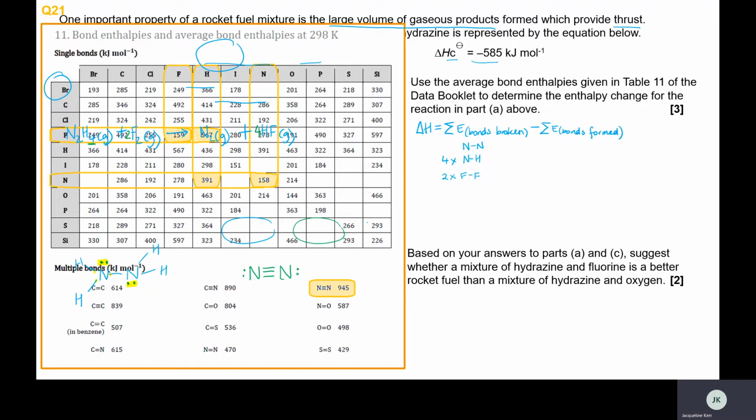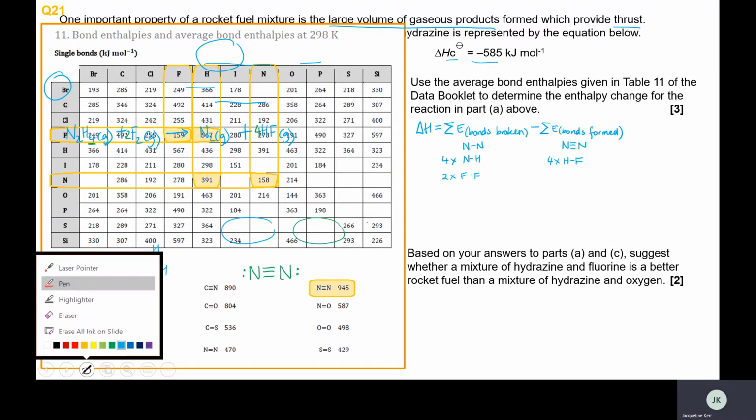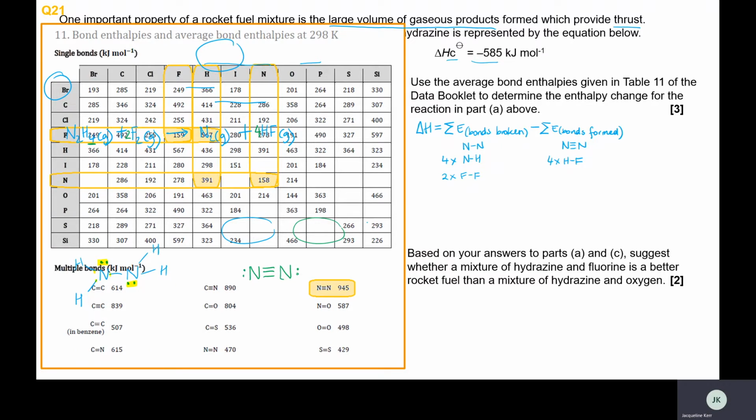And then the bonds formed, we're now going to make a triple bond between our nitrogens, and we're going to make 4 hydrogen-fluorine bonds. I'm going to grab a slightly more distinct color. So if I tally those up, I've already highlighted them to make it a little bit easier. If we look at our chart, nitrogen-nitrogen, that's our 158.